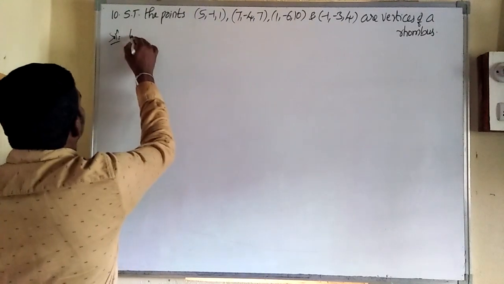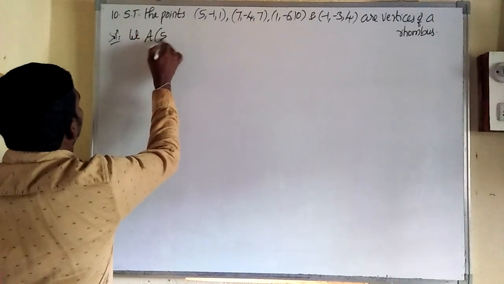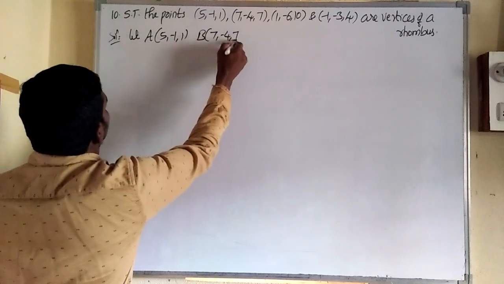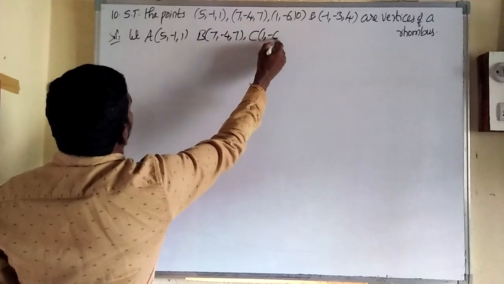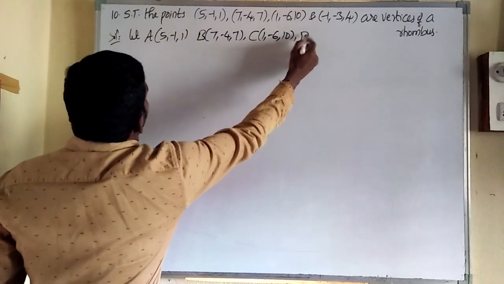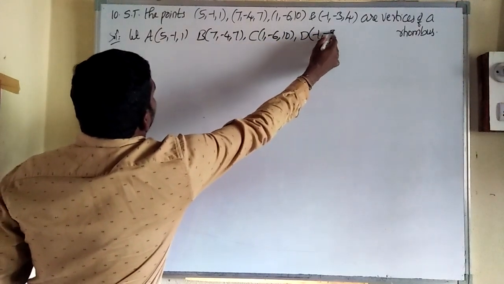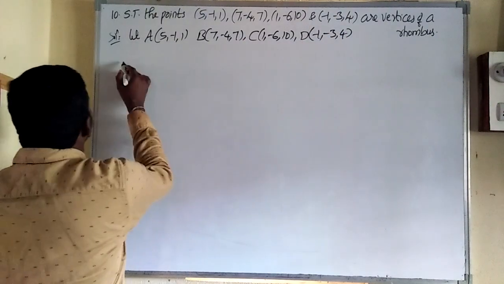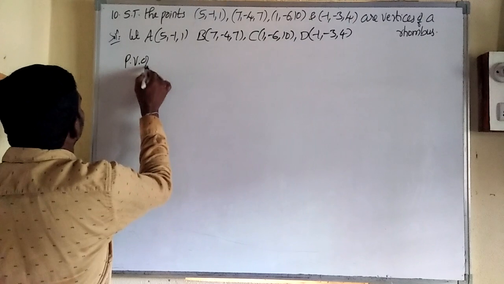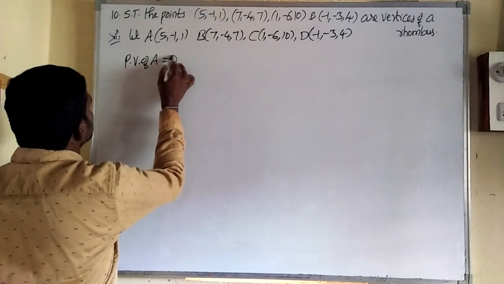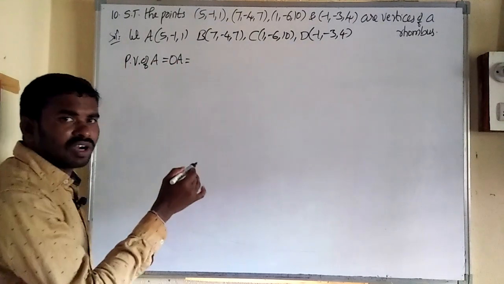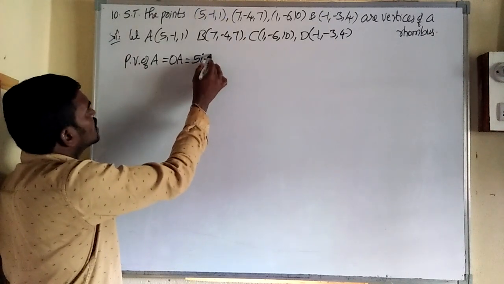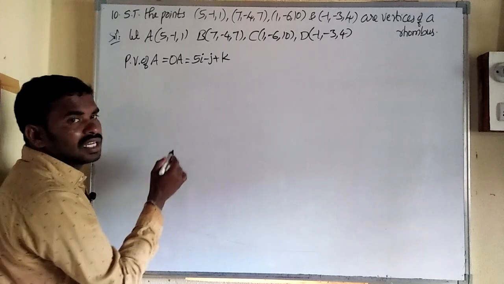Let the vertices be A (5, -1, 1), B (7, -4, 7), C (1, -6, 10), and D (-1, -3, 4). We should write the position vector of each and every point. Position vector of A is OA equal to 5i minus j plus k.